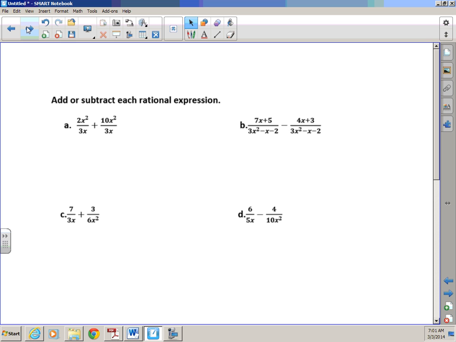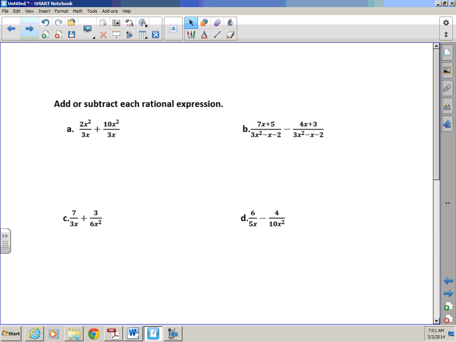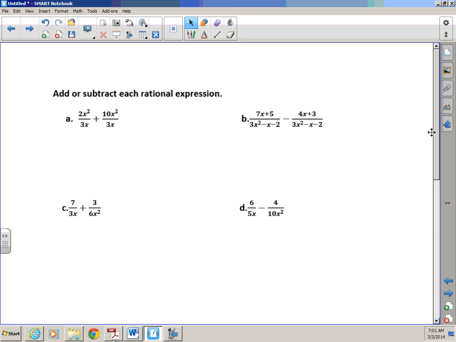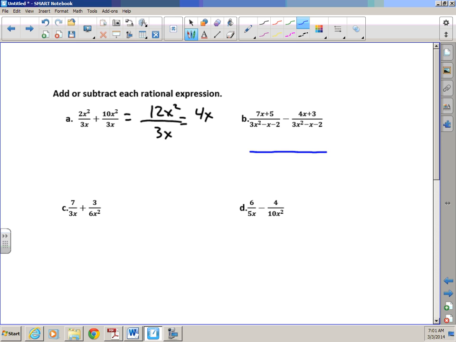All right, in the first one, we see very simply that we have the same denominator, so we just add to get 12x squared over 3x, which is 4x when we simplify. In the next one, and this is what we were talking about by distributing, one of my suggestions is you write your numerator after you've distributed. So it's minus 4x minus 3.